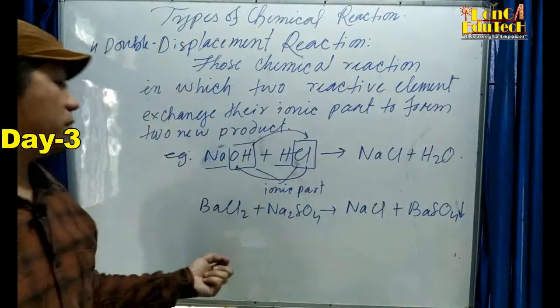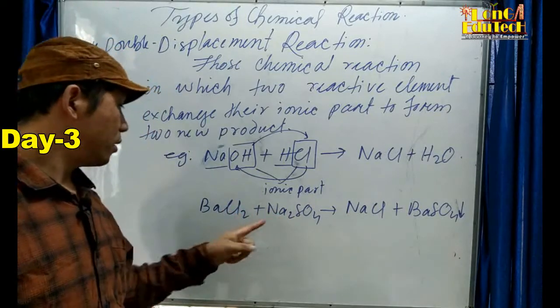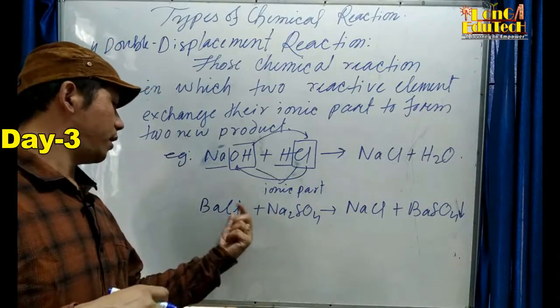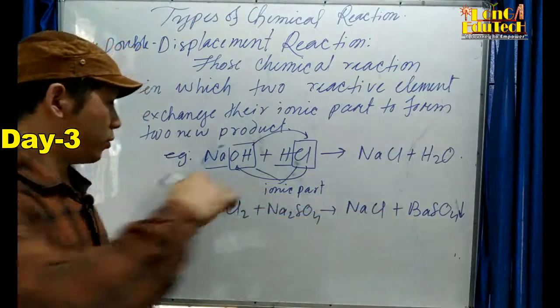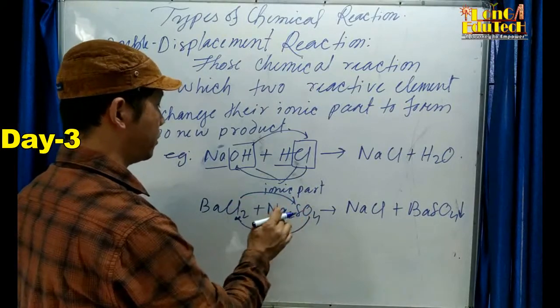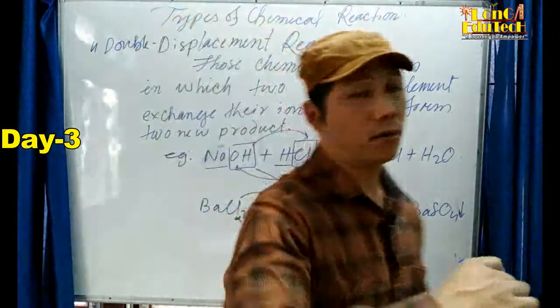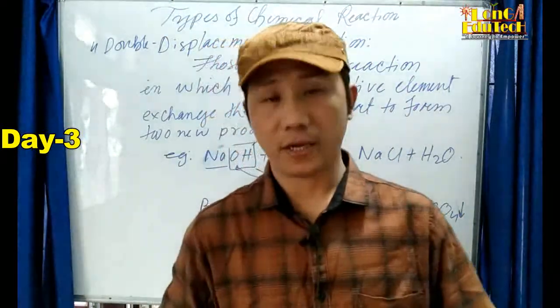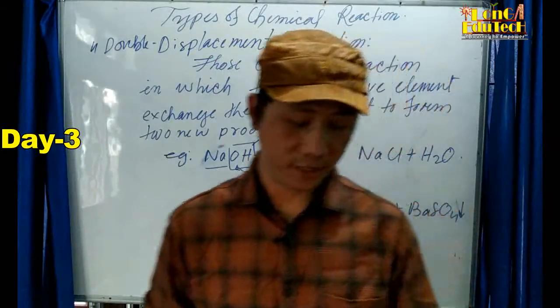This is also a double displacement reaction. They exchange parts, and we get sodium chloride and barium sulfate. So this is about double displacement reactions.